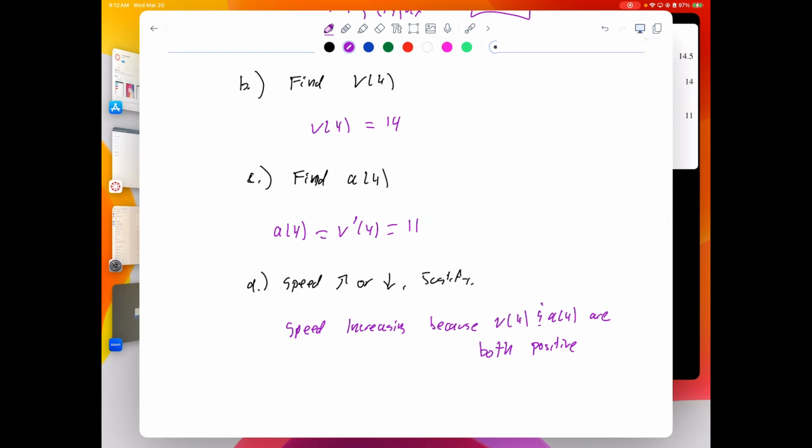Well, because you've shown the value. So I've shown they're positive. If I didn't show they were positive and I just said the same sign, if I didn't actually find V of 4 and A of 4 beforehand, I can't just simply say same sign. We didn't find the exact number. But you decided if it was just positive or negative.